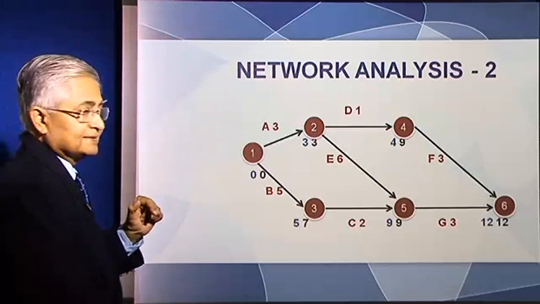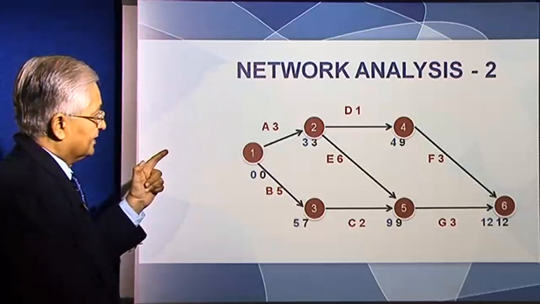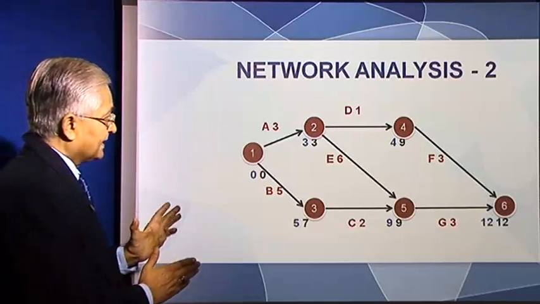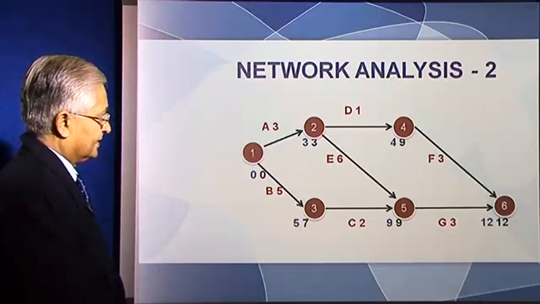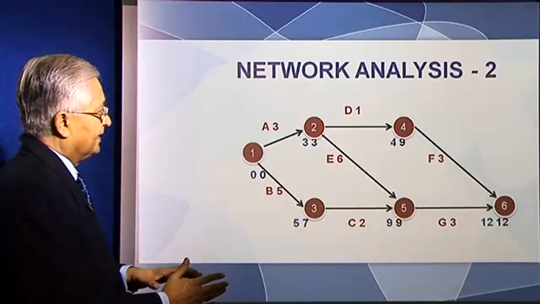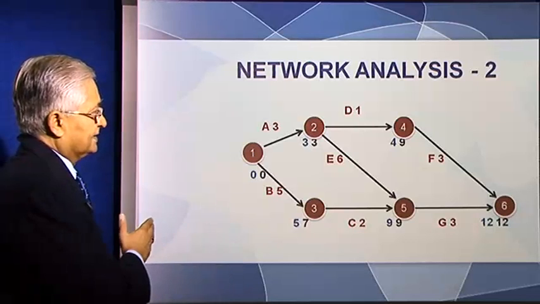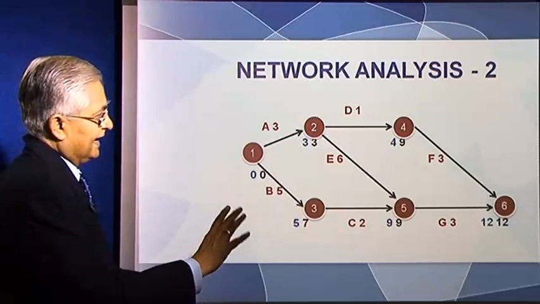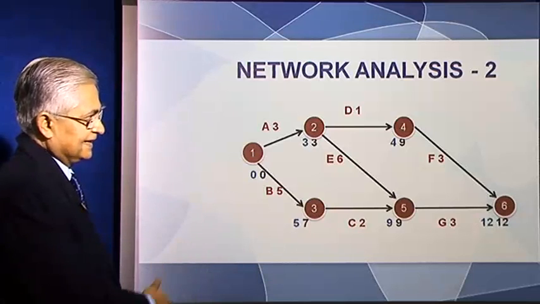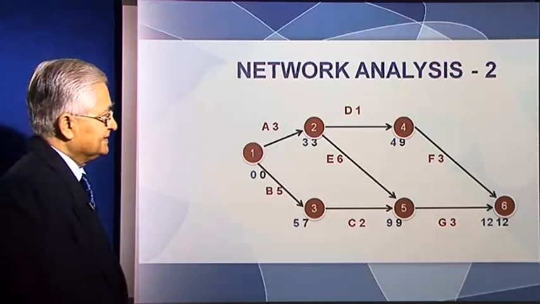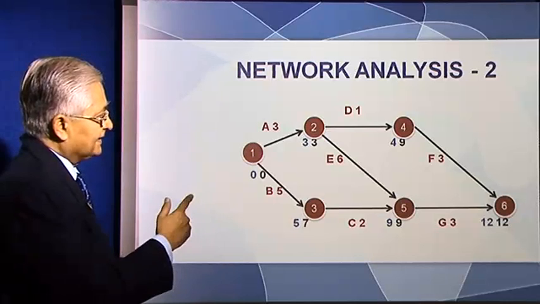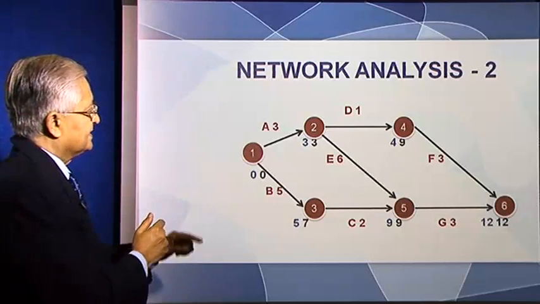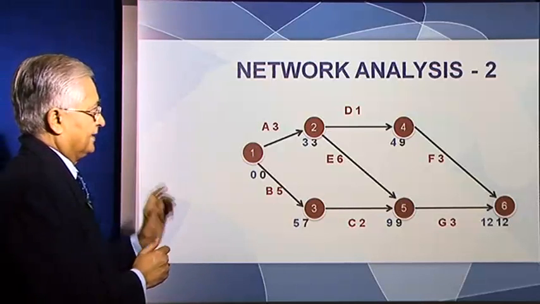A takes 3 months, so you need to be at 1 at 0. Okay, so we have now worked backwards by putting a black 12 at the 6th activity, and we have got these black numbers now, which brings us back to activity 1.